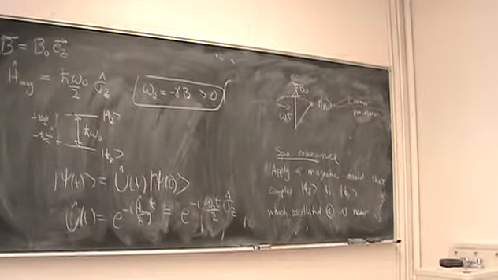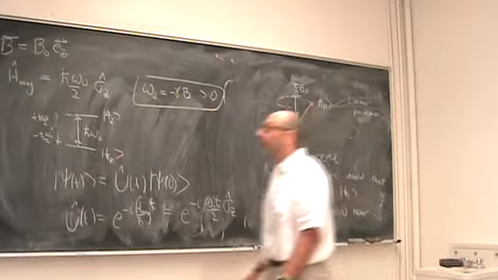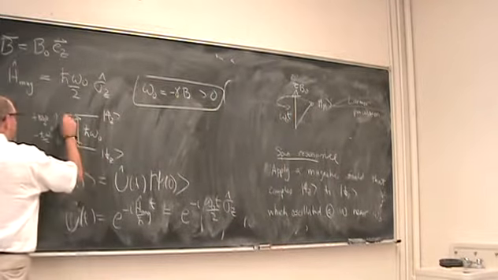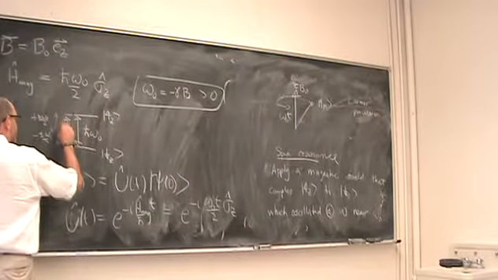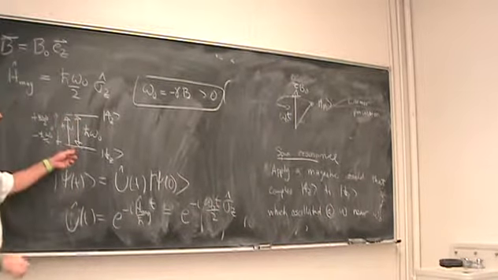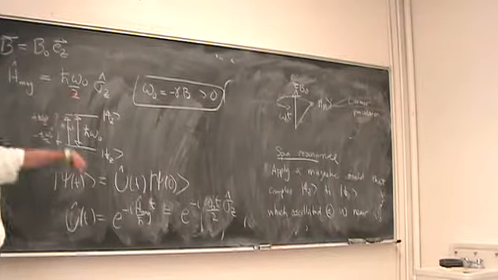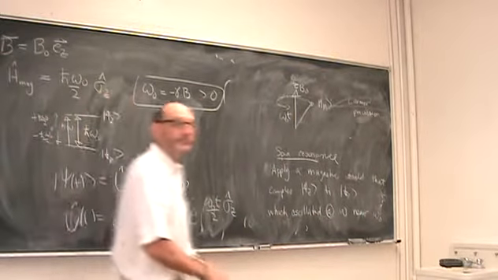That's the phenomenon of resonance. Okay? So if I apply a field which has a frequency near to that, then I can get it to go from spin down to spin up, or vice versa, right?